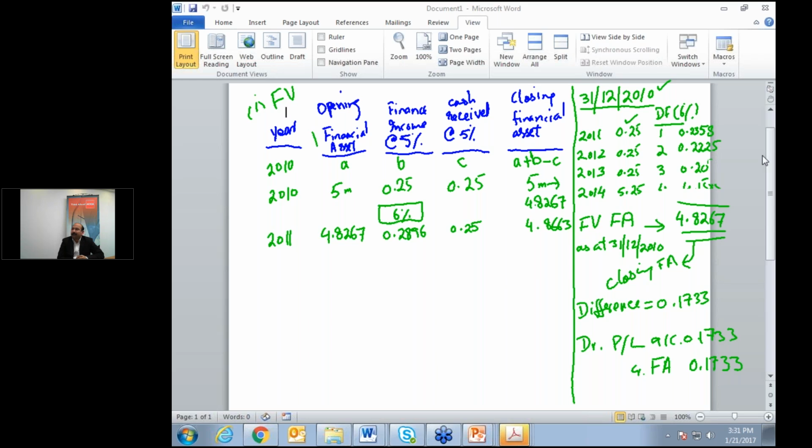Tax law does not recognize the concept of the effective interest rate and the way you calculate your financial asset. So this can give rise to temporary differences, which can result in a deferred tax asset or deferred tax liability, depending on the provisions of the tax law. Any other questions?